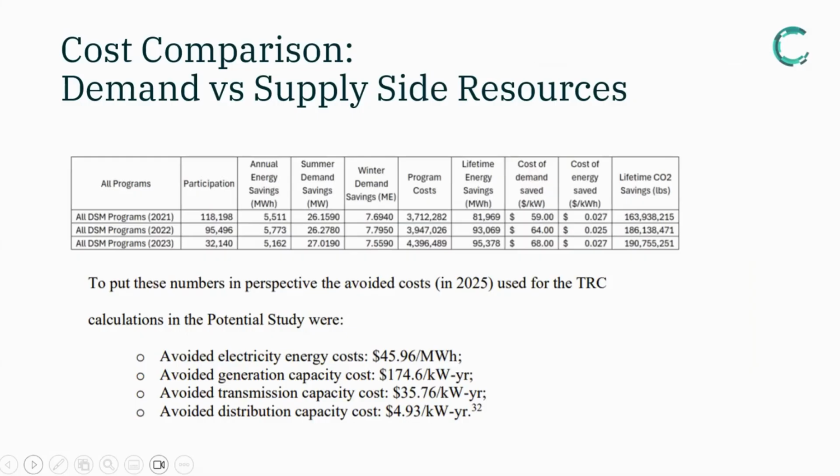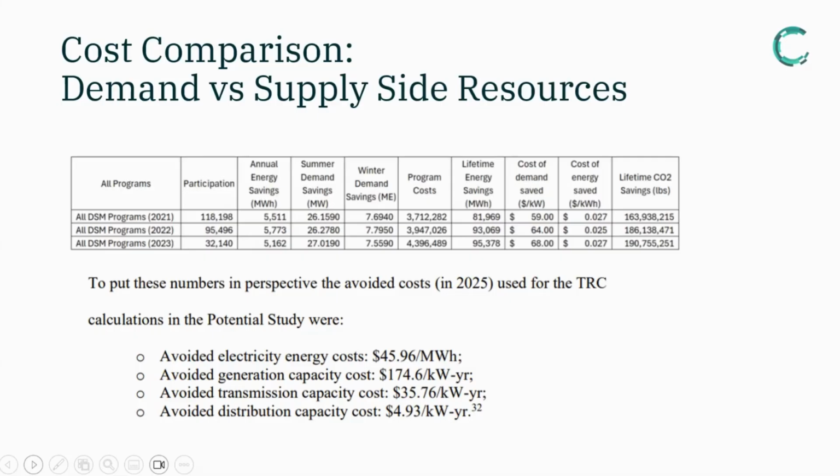So, for example, comparing the two, one can see a cost of nearly $60 per kilowatt avoided in terms of demand savings in the table above, and $25 to $27 per megawatt hour avoided. So this is how much energy efficiency or demand side resources cost.